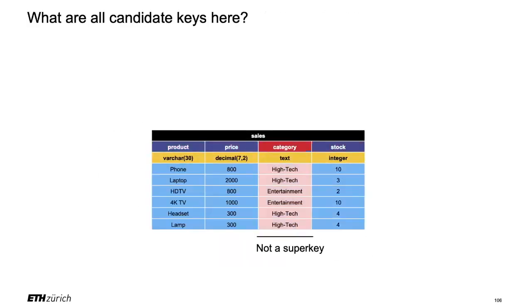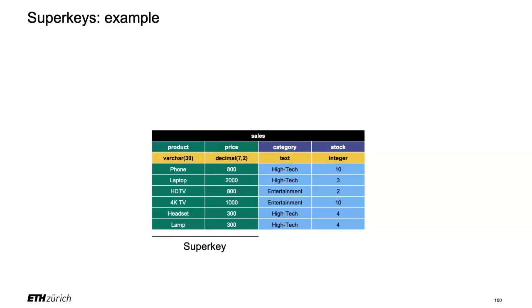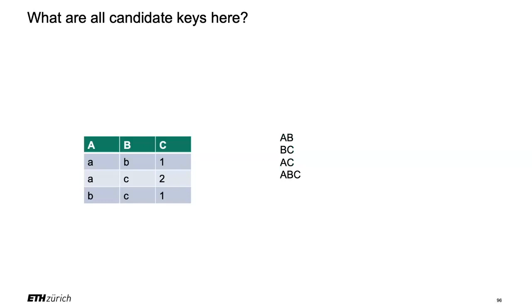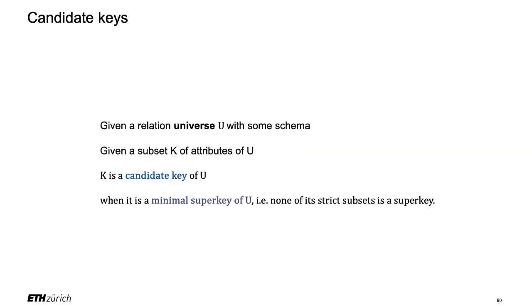So you might have noticed that when I give you the definition here, I was a bit careful. I give you the definition of a candidate key on a universe of tables. I didn't give you the definition on a specific table, but on a universe of tables. Why? Because it has to do with the fact that we try to figure out a primary key.